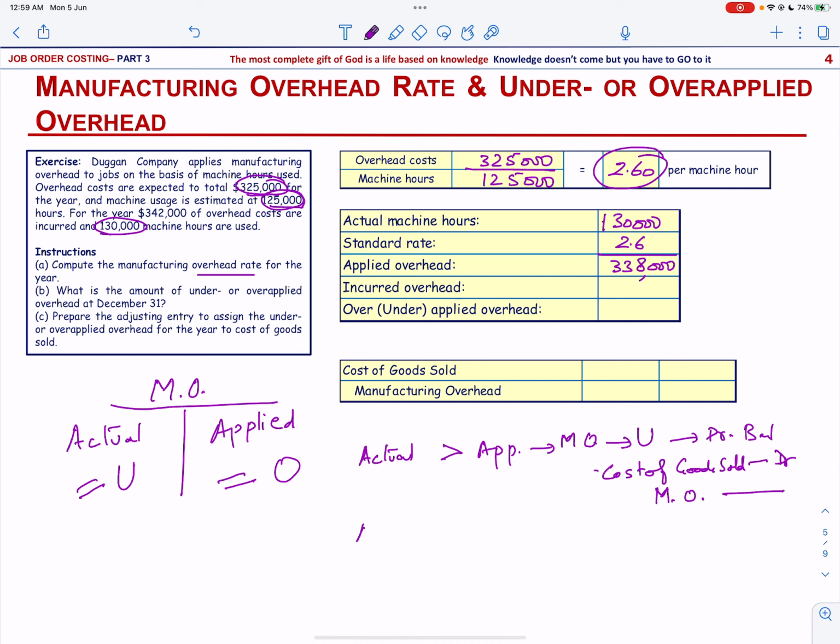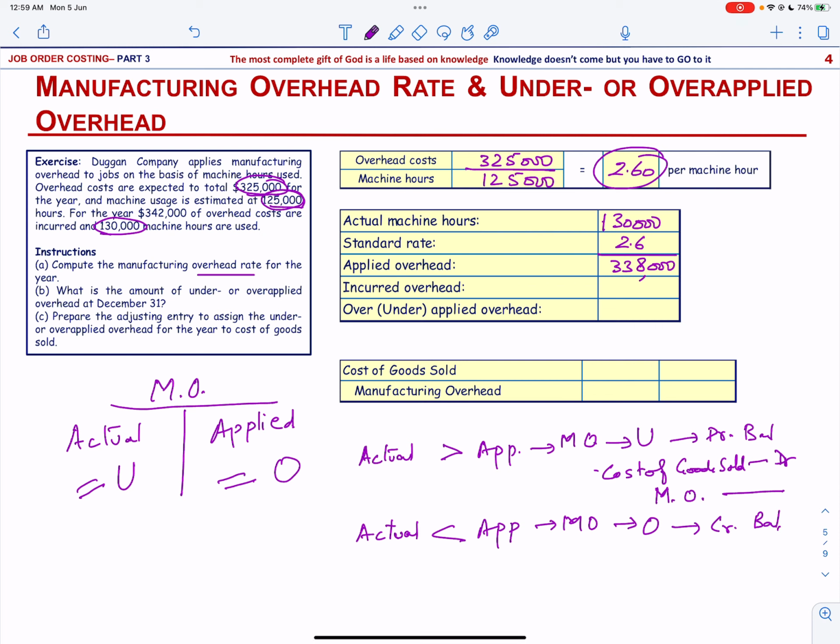Now if the actual is less than the applied, then the manufacturing overhead will be over applied and will have a credit balance.